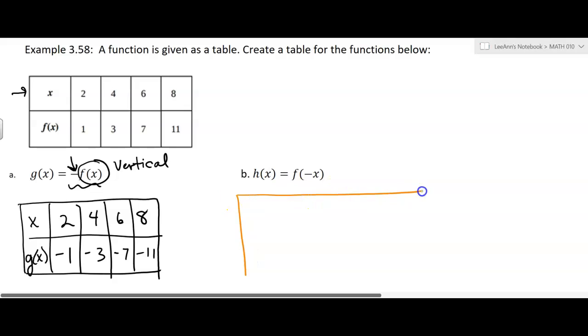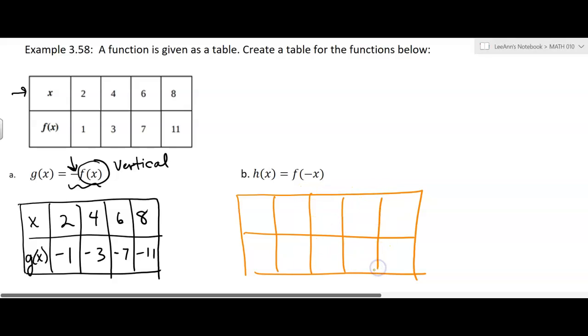The other one, whoops, that's a bigger chart. 1, 2, 3, 4, 5. Next time I got to type these out. Whoops, it's supposed to be h of x. Okay, I only know 4 inputs, right?